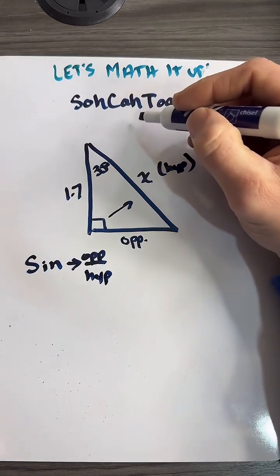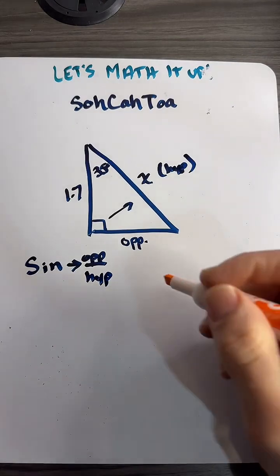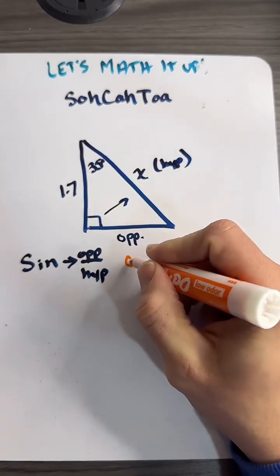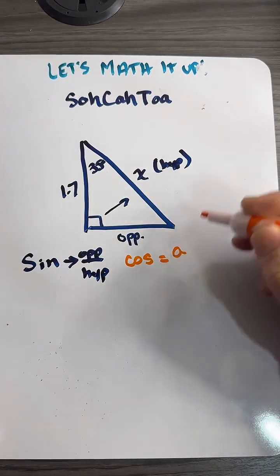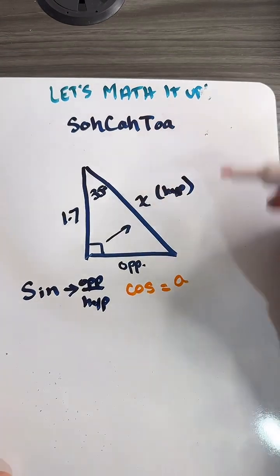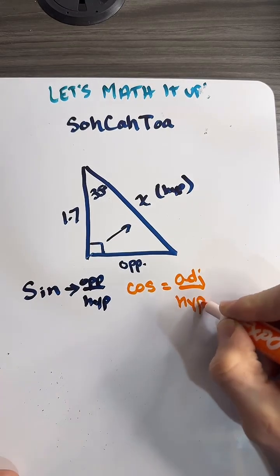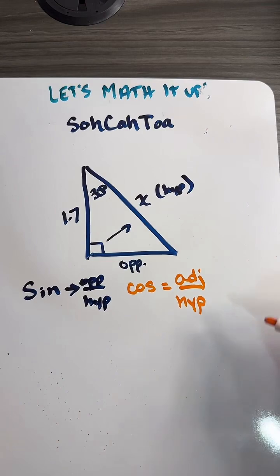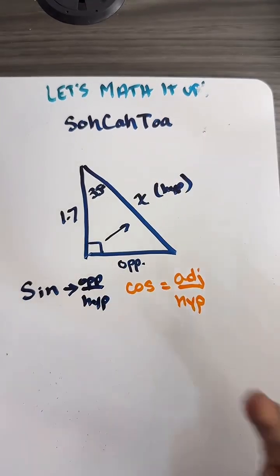What about cosine? All right, let's take a look at cosine. Cosine equals adjacent, this A right here. So this acronym, this is what it's for. It's adjacent over hypotenuse. Adjacent is like if I'm sitting adjacent to somebody, I'm sitting next to them.